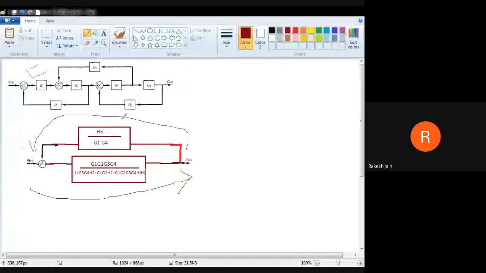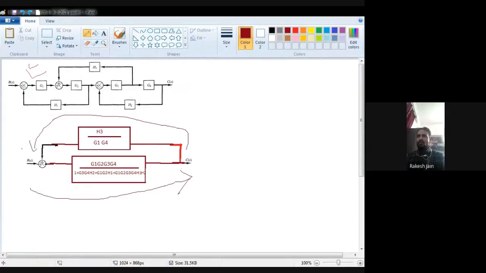So what is the rule? Whenever blocks are in cascade, just remove them, and instead of them only a single block will come that will be equal to the multiplication of those blocks. So G1 G2 multiplied by G3 G4. So G1 G2 G3 G4.